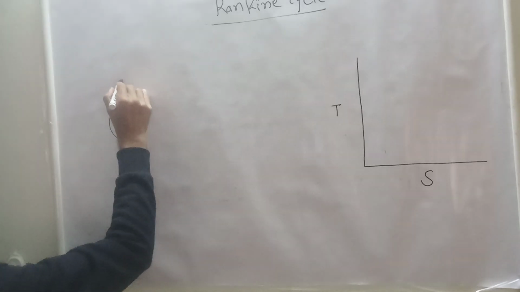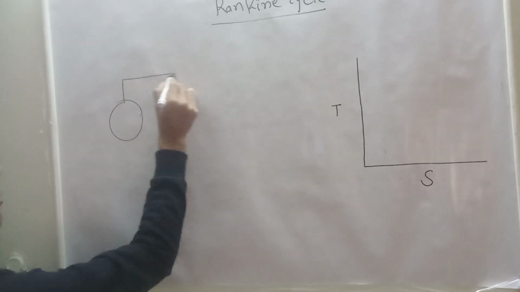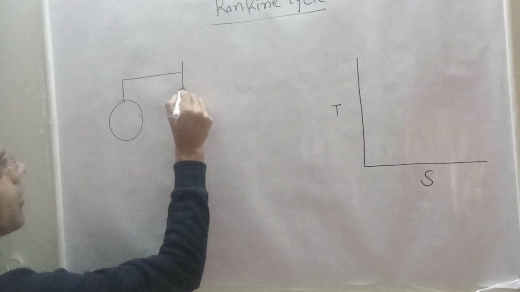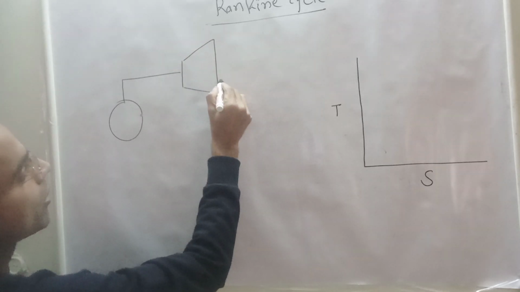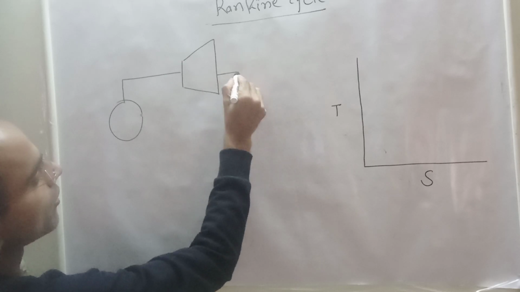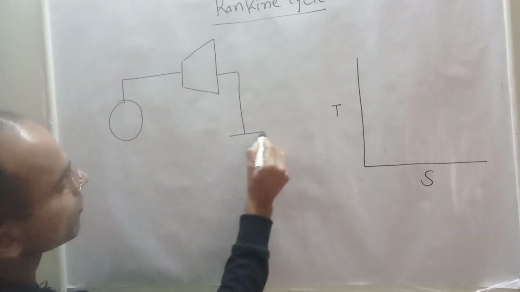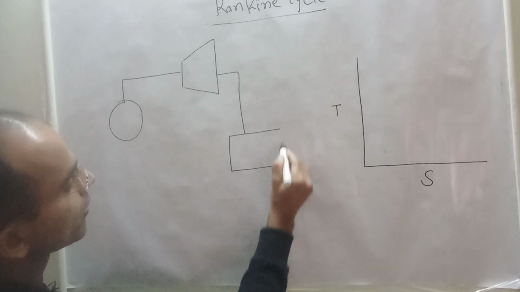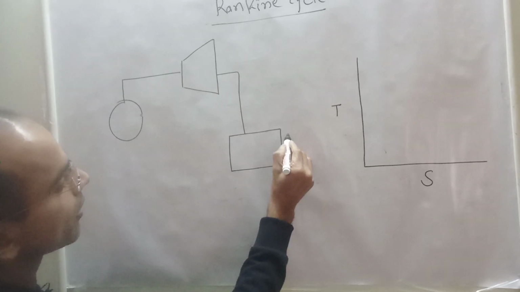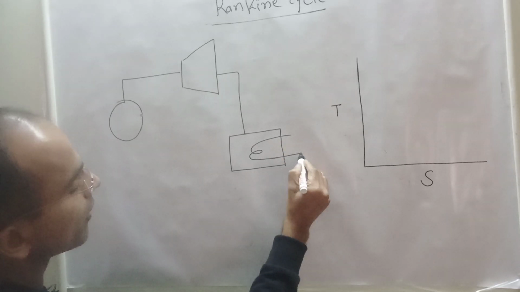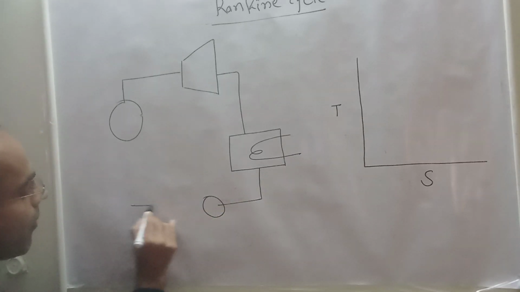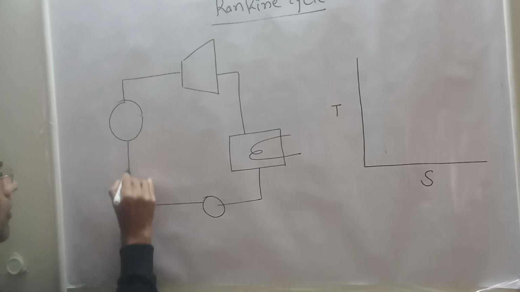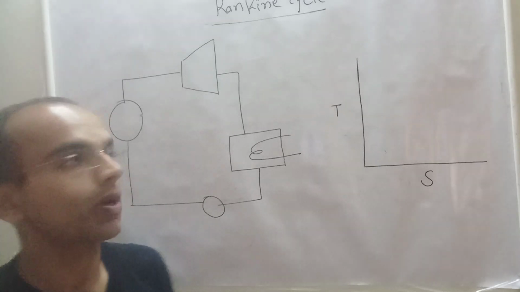So in a power plant, all of you are aware that there are certain components which belong to any thermal power plant. The first is the boiler, second is the turbine, third is the condenser, fourth is the pump, and these are the four essential components of any power plant.